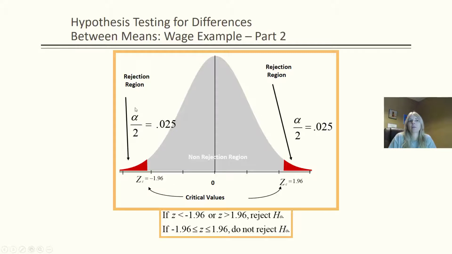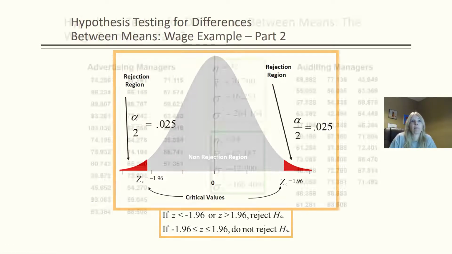And so I look up this significance divided by 2. Typically it's easier just to look up this left one, which will be negative. Why? Because it's less than 0. And then I just do the positive on the other side. So in other words, if I fall within these regions, then I'm certainly going to reject my null hypothesis.